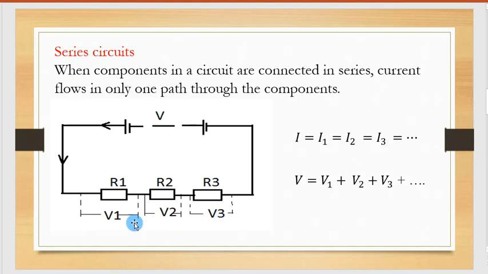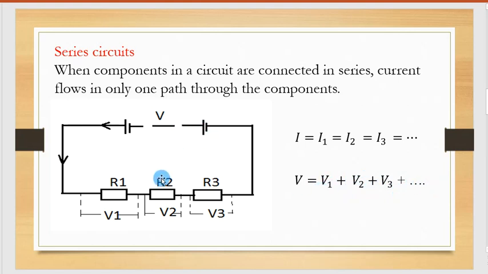Now, if we add V1, V2 and V3, in simple terms, if we find the sum of the potential differences of these three resistors, we come up with the EMF, or the total voltage of the battery. So that's the meaning of the expression V is equal to V1 plus V2 plus V3, plus more if there were 4 or 5 components.